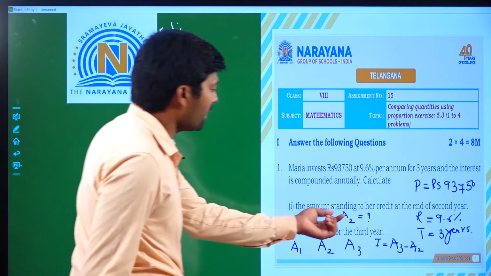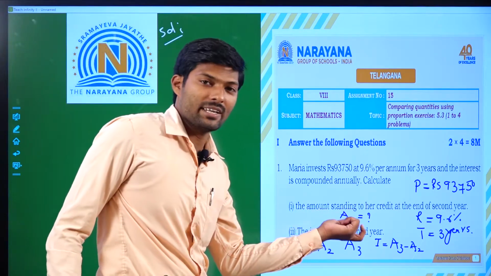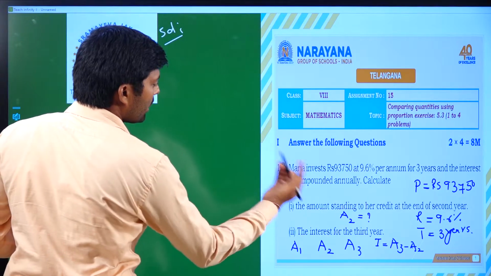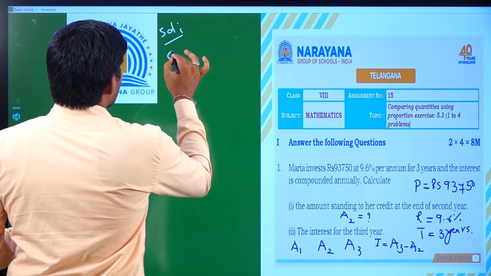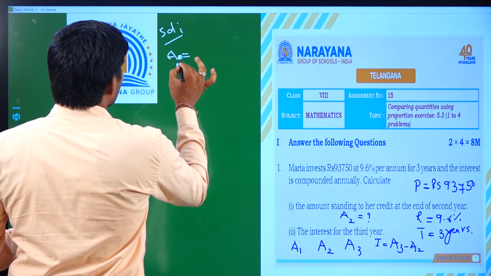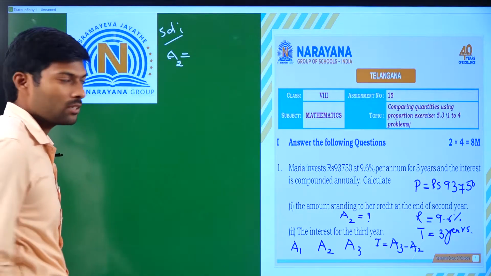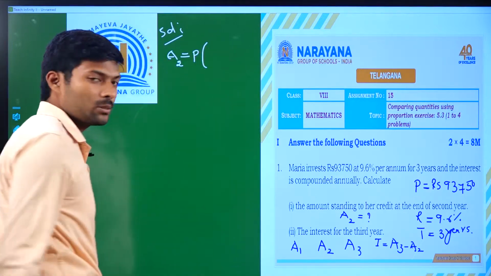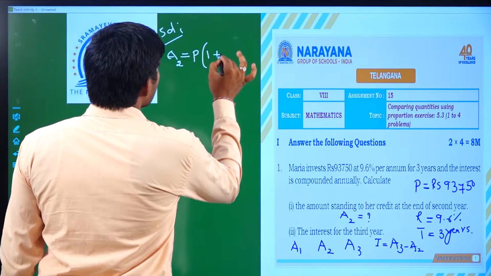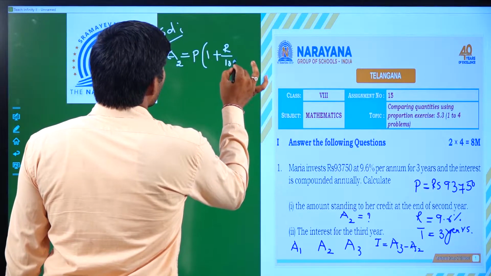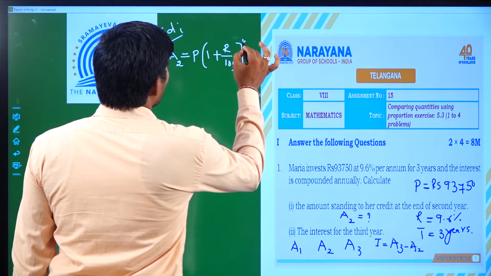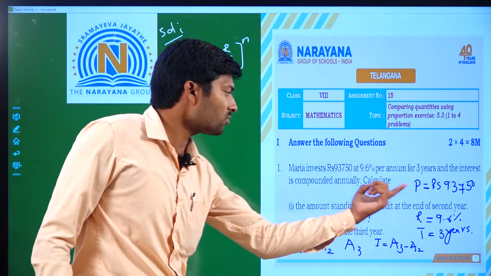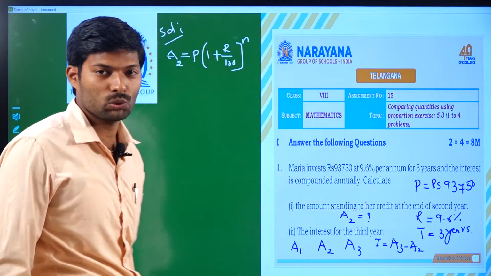If you want to find the amount at the end of second year with the help of compound interest, compounded annually, A2 is equal to P into 1 plus R by 100 whole to the power of n, where at the end of second year we take n is equal to 2.